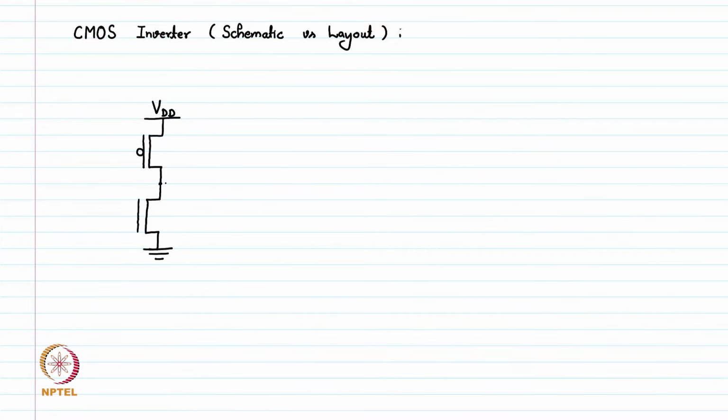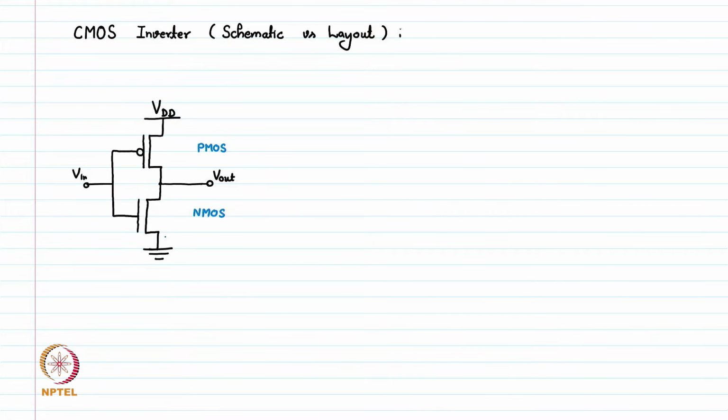This is the V out terminal, this is the input terminal. This is our PMOS, this is NMOS. So we connect it like this.